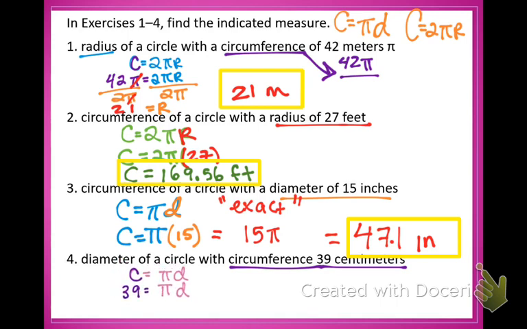How do we finish solving for the diameter? Divide by pi. So what's 39 divided by pi? I believe it's 12 something.